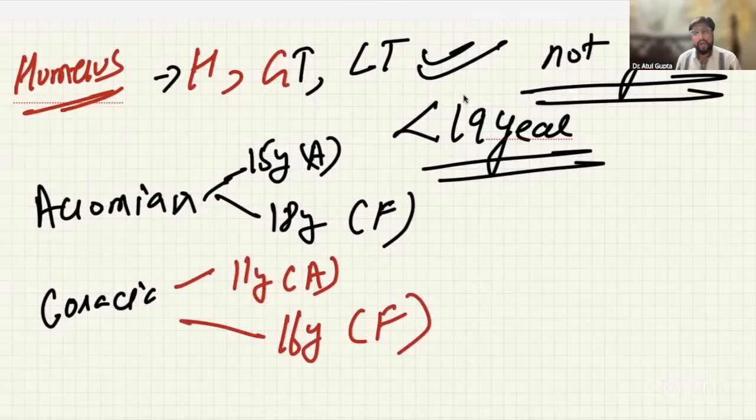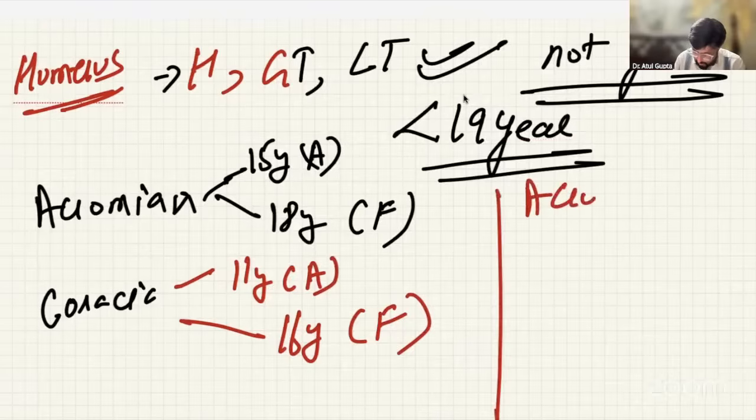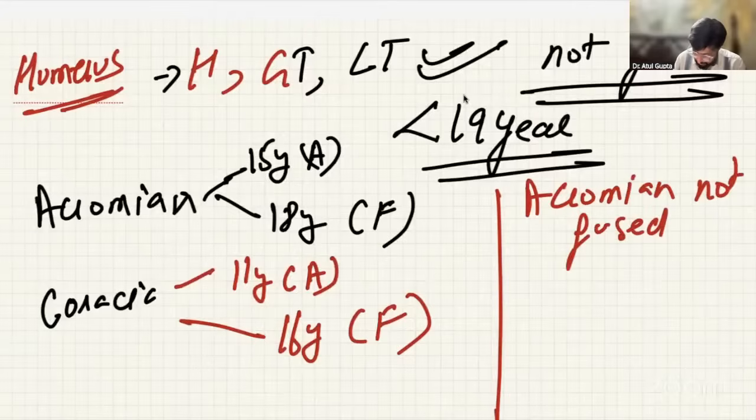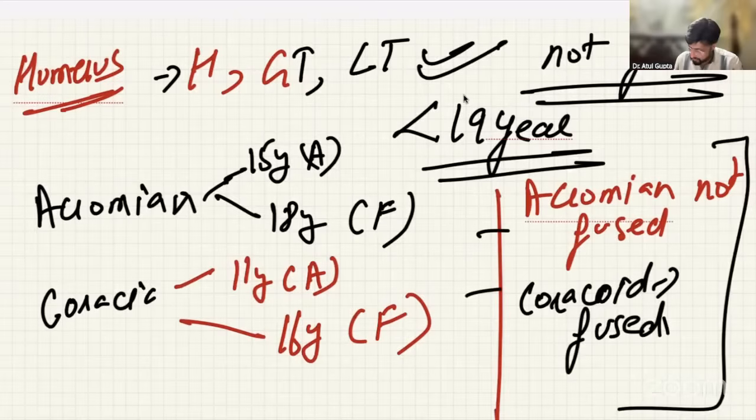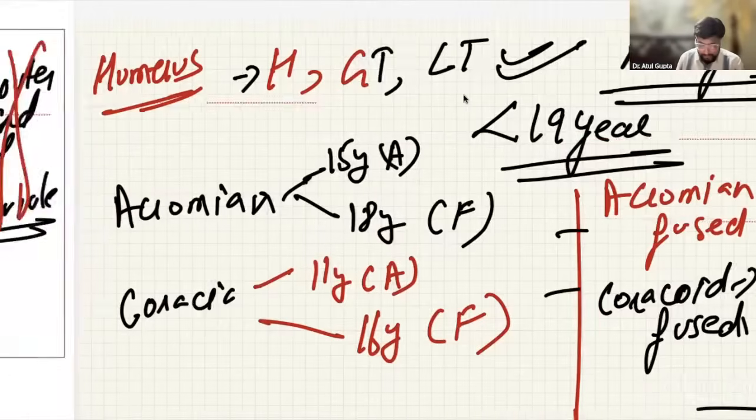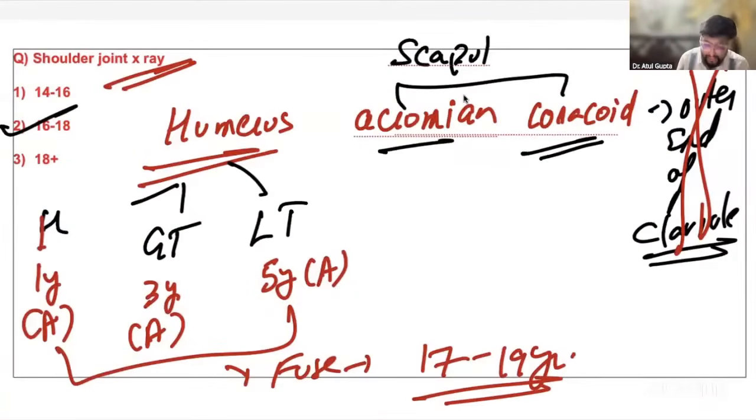What I could understand from students is that the acromion process was not fused, but the coracoid was fused. So if this is right, then the answer will become 16 to 18 years.